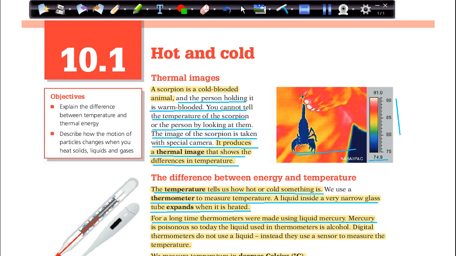So today the liquid used in thermometers is alcohol. Digital thermometers do not use liquid. Instead, they use a sensor to measure the temperature. So here we have some kinds of digital thermometers. The ordinary one that we use in our houses or in the lab is the liquid one, and sometimes the digital one.